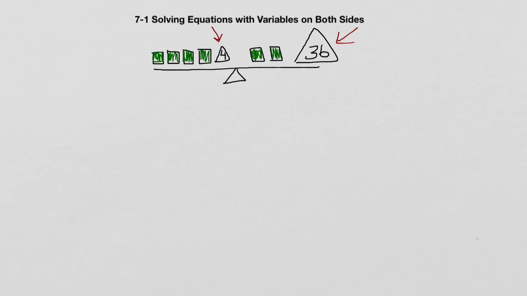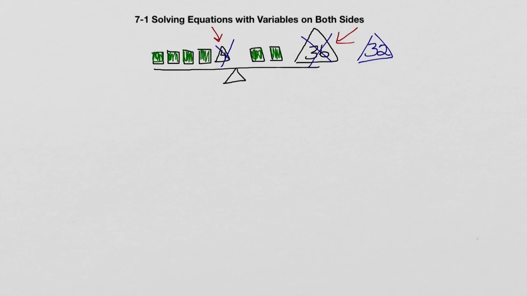Now if I asked you to figure out how much one box weighs, you could take away the 4 pounds from the left and also take away 4 pounds from the right-hand side, so that now you only have a triangle weight that weighs 32 pounds. That might help you. And then you notice that there are 4 green boxes on the left and 2 green boxes on the right.